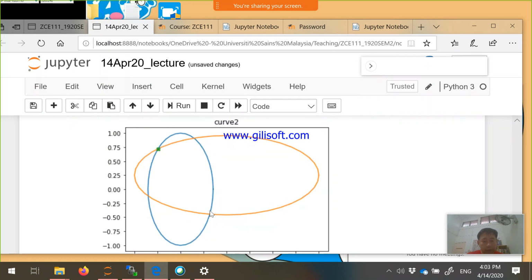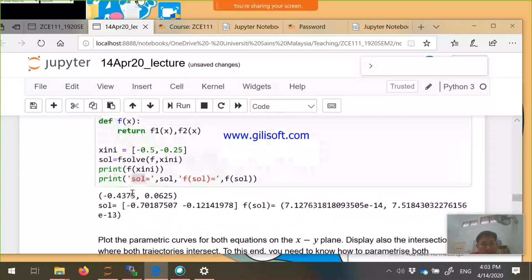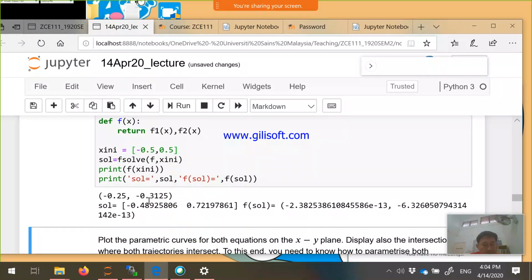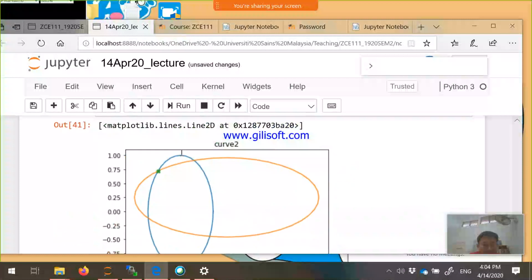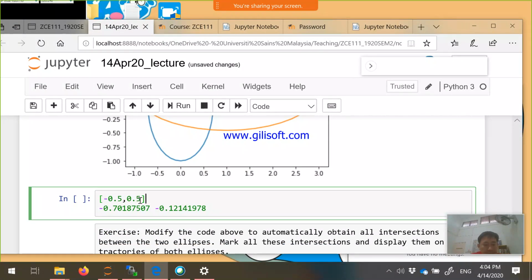Okay, so if you want, for example, this, what should you do? The initial guess should be provided to be close to, say, minus 0.5 and 0.5. So let's just try this again. If I provide minus 0.5 and 0.5, then the solution is this, right?